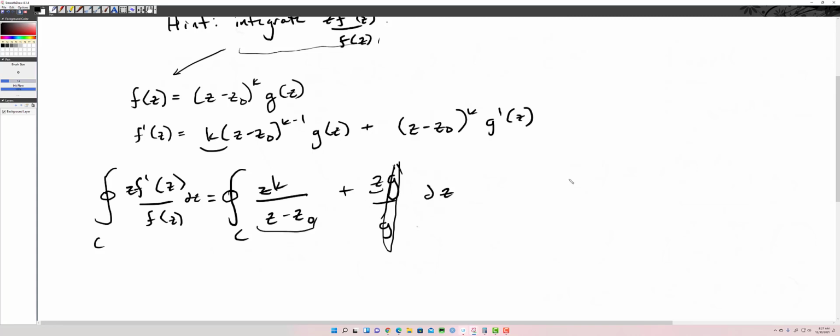We're still just looking at this, and the residue here is just going to be whatever the value of Z sub 0 is times K times 2 pi I, right? And the same argument for poles. So what I'm actually doing here is incorporating the value of the 0 instead of just counting them. So that's the reason we have this hint.